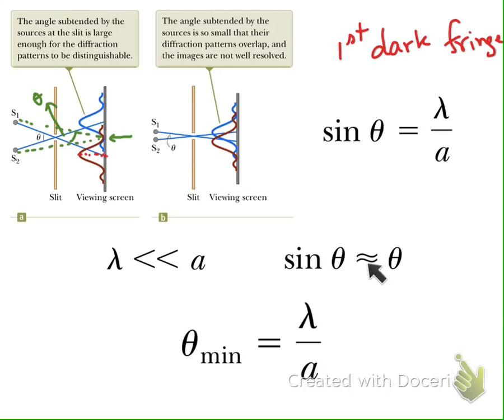So we can replace sin theta with theta. If the light that passes through the slit has wavelength lambda and the slit width is a, the angle between the light rays from two objects that we can resolve is at least this value: theta min is equal to lambda over a. That is the Rayleigh criterion: if the angle between two objects is at least this, then we can resolve the images of these two objects.